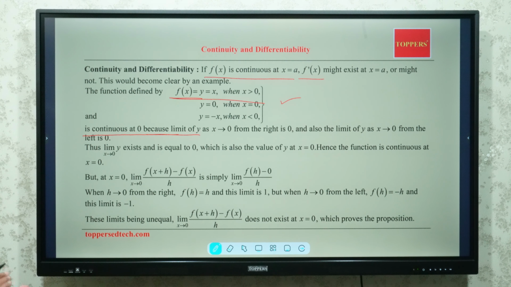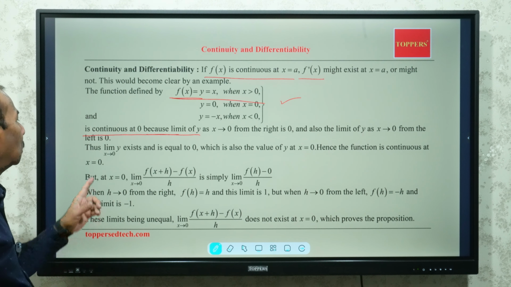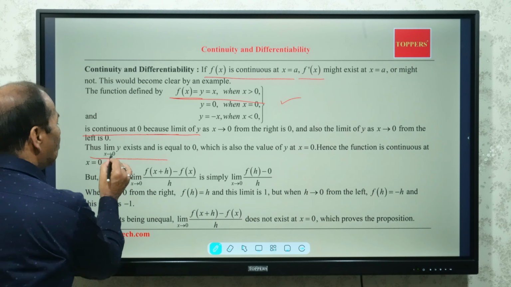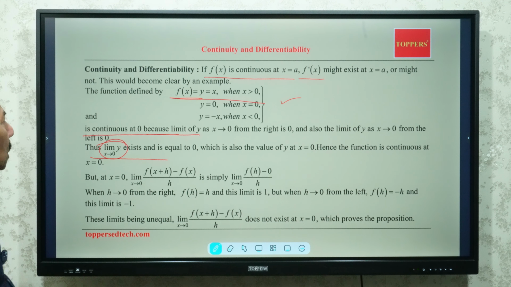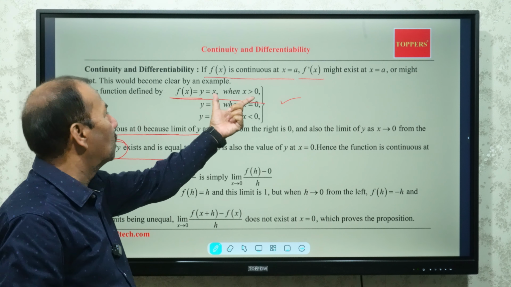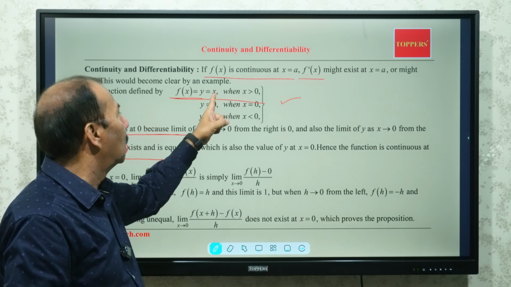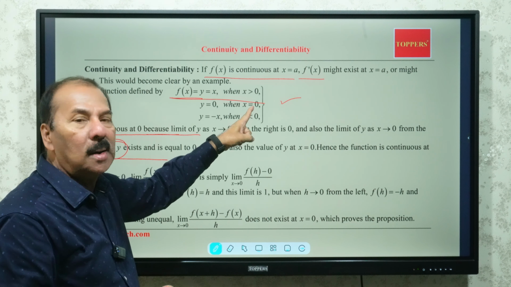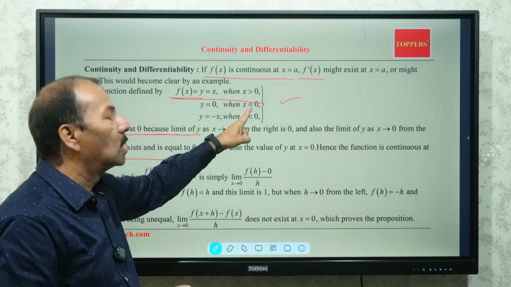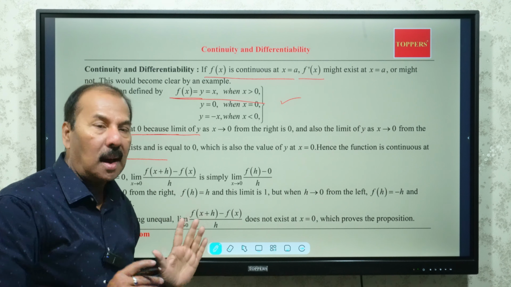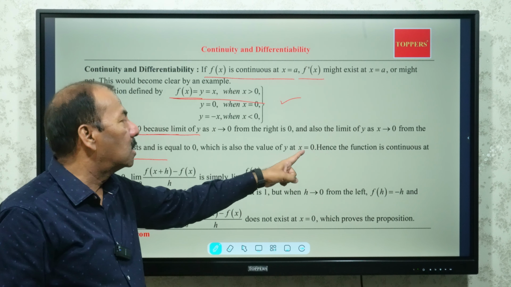So the limiting value of y when x tends to 0 exists and is equal to 0, because whether you consider x tends to 0 plus or x tends to 0 minus, you get 0, and it is already given that the value at x equal to 0 is 0. So the limiting value exists, and it is also the value at x equal to 0.